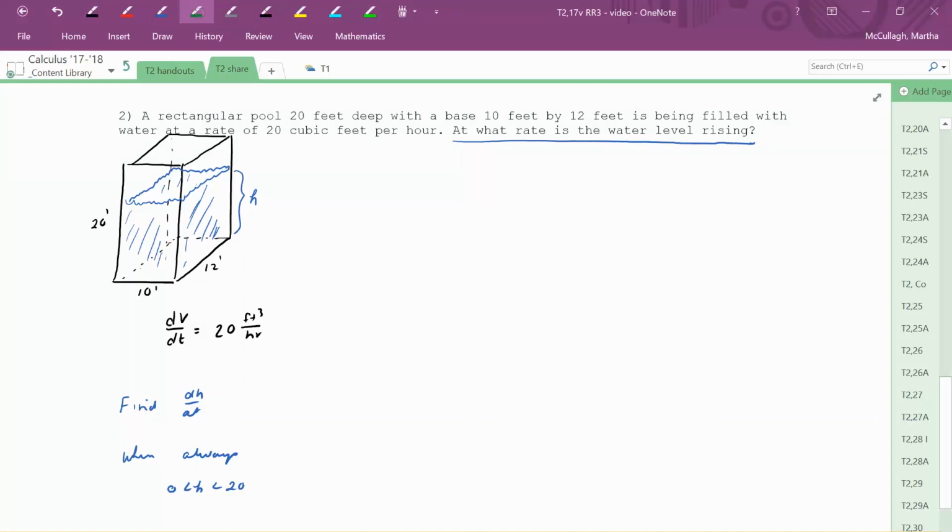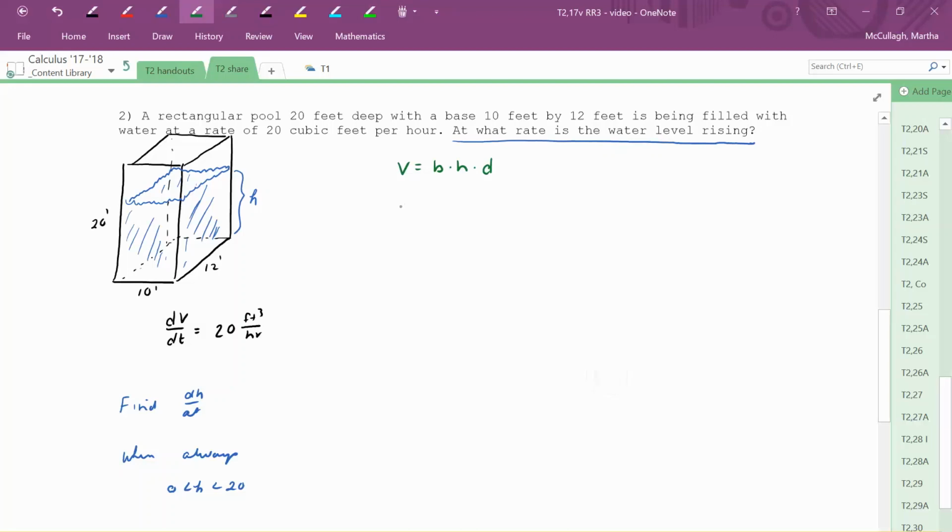So an equation. Well, we're interested in dH/dt, so we know we have to have an h in our equation. We're given a dV/dt, information about the volume, so it seems reasonable to be looking for a volume equation. So this is a rectangular prism. The volume of a box is the base times the height times the depth, or length times width times height.